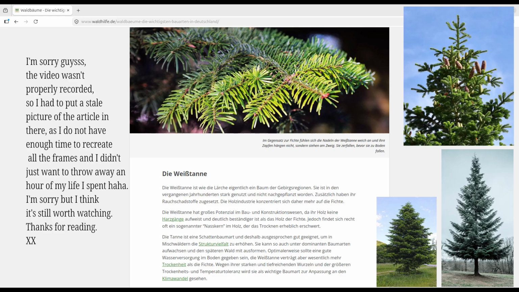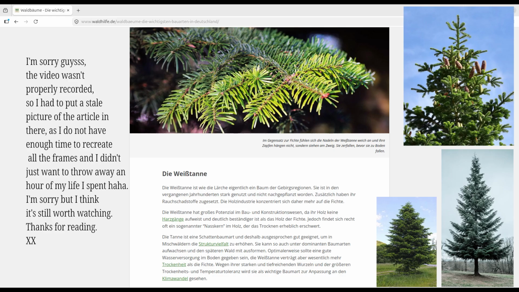So, die Weißtanne, the silver fir. Die Weißtanne, the silver fir, ist wie, like, or as, in this case like, die Lärche, the larch, eigentlich, originally, generally, I think we had that discussion in the last episode.